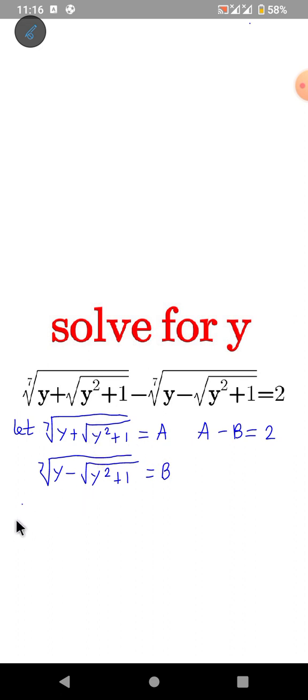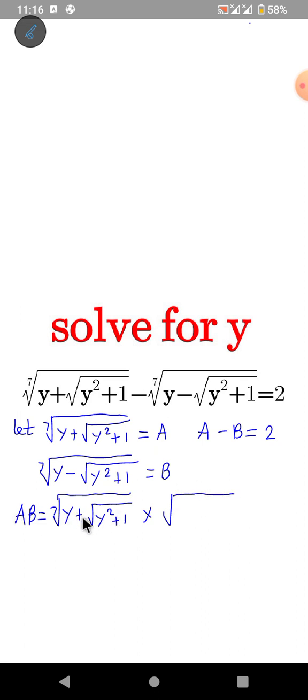So say ab is equal to the seventh root of y plus the square root of y squared plus 1, multiplied by the seventh root of y minus the square root of y squared plus 1.